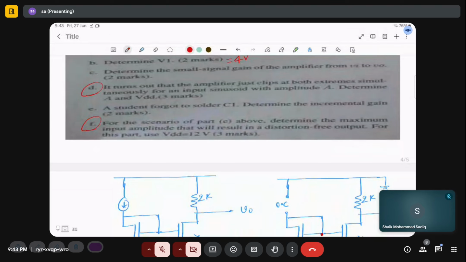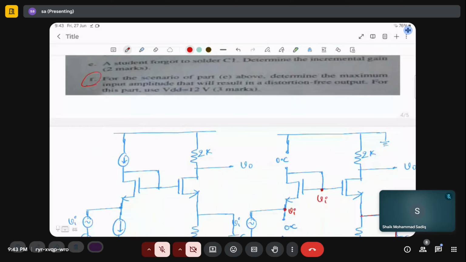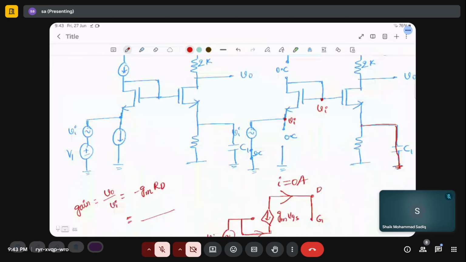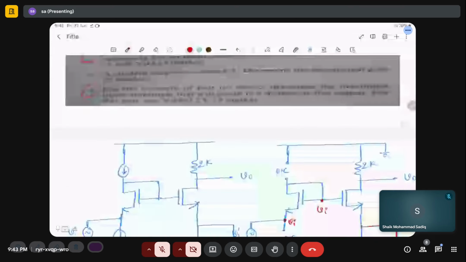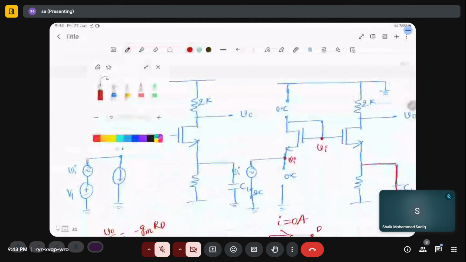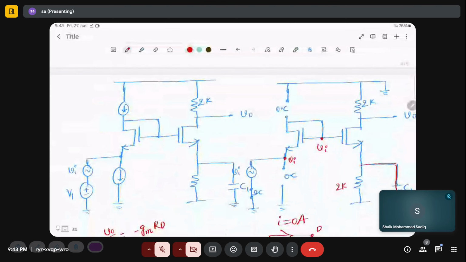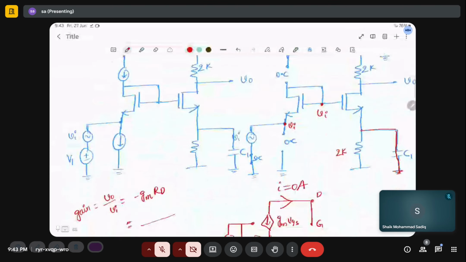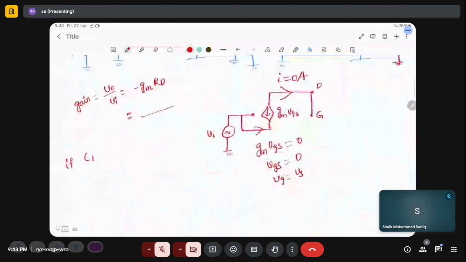In E, they are asking: a student forgot to solder C1, determine the incremental gain. What happens if C1 is present? The current splits. The gain decreases.